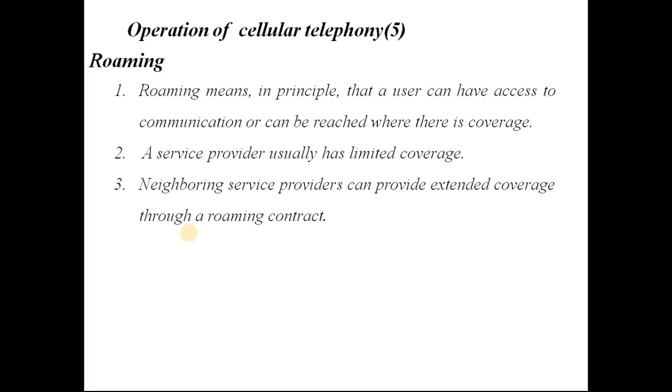That is through a roaming contract. For example, if you are using a BSNL tower in Karnataka and you move towards Mumbai, where you don't have the BSNL service provider, you can have extended coverage through a roaming contract, that is, Airtel or some other service provider might give you the service. That is a completely different service provider, not your active service provider. This is called roaming.